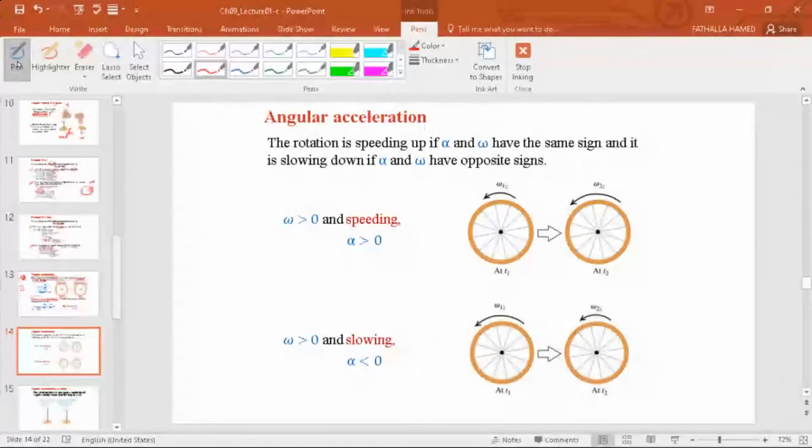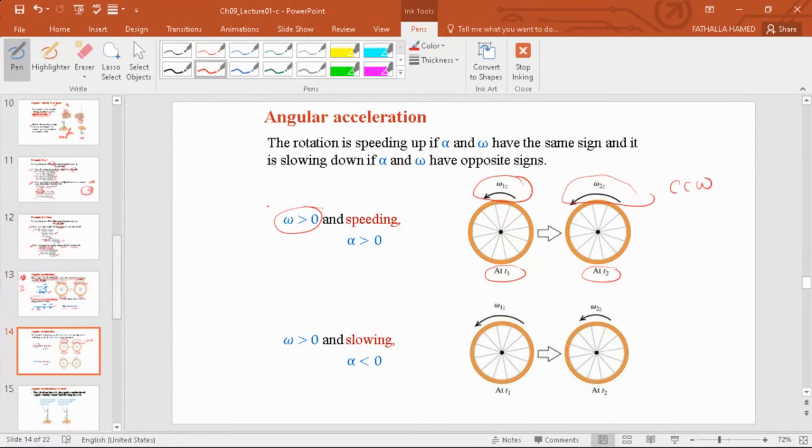Now, if you look at what we have here at t1, that's your omega 1z. At t2, that's your omega 2z. So omega 2z is bigger than omega 1z. So you know in this case that your omega in both cases is going counterclockwise, and counterclockwise means your omega is greater than 0.